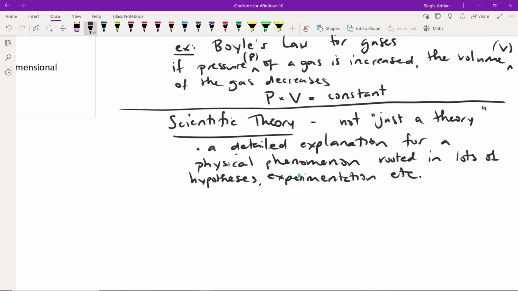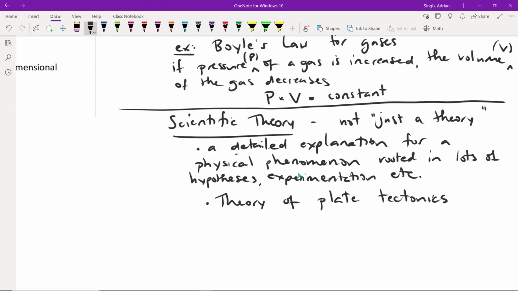And one example of this would be, on a much broader scale, the theory of plate tectonics. Okay, and if you're a fan of geology, you know how the Earth operates.